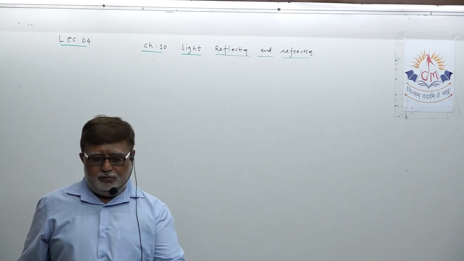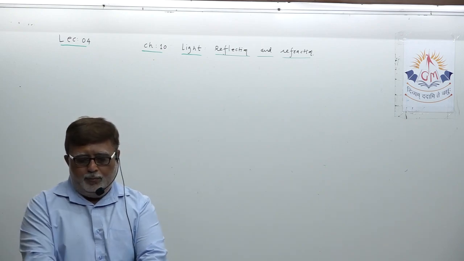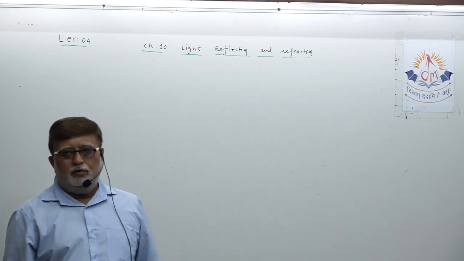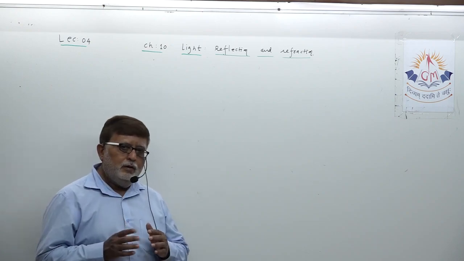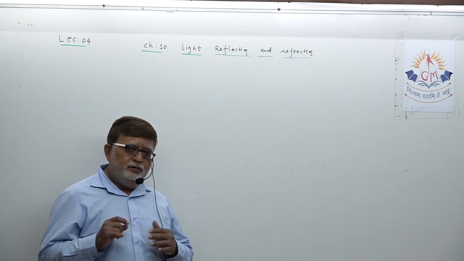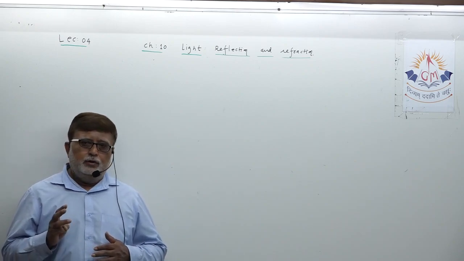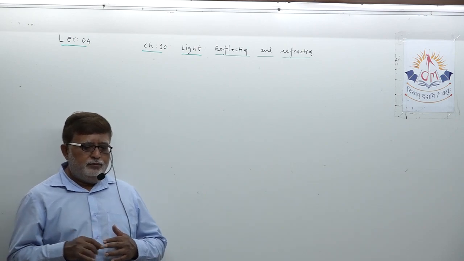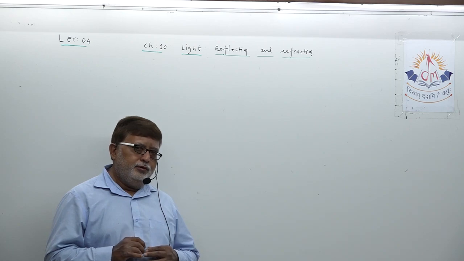This Cartesian sign convention, which we are going to learn, applies for all mirrors in any condition, for any position of the object. Understand? Dear student, this Cartesian sign convention can be asked in 3 marks or 4 marks. It is very, very important.